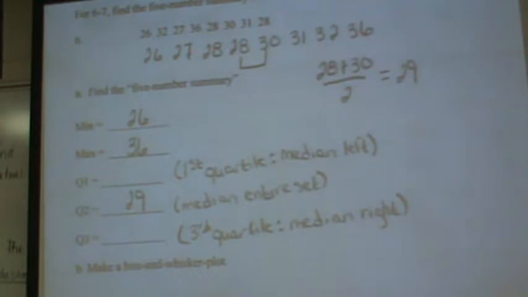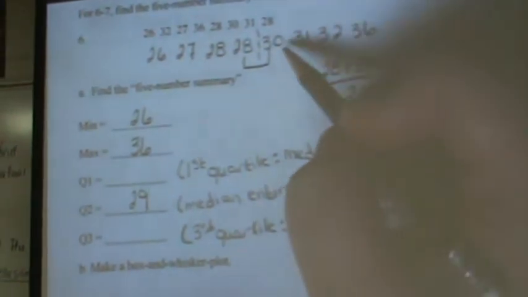Now our Q1 value is the median of the left-hand side. So again, our median for the entire set is this dotted line at 29. So we need to look at this side of the set for our Q1 and the right side of our set for Q3.